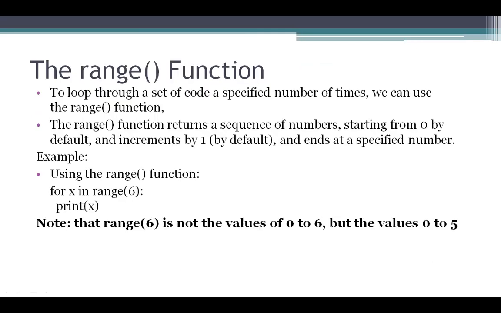Range function. Yeah, it's very helpful in fact. To loop through a set of code a specified number of times, we use a range function. By default, range starts from 0, and each time it increments by 1 without mentioning anything.